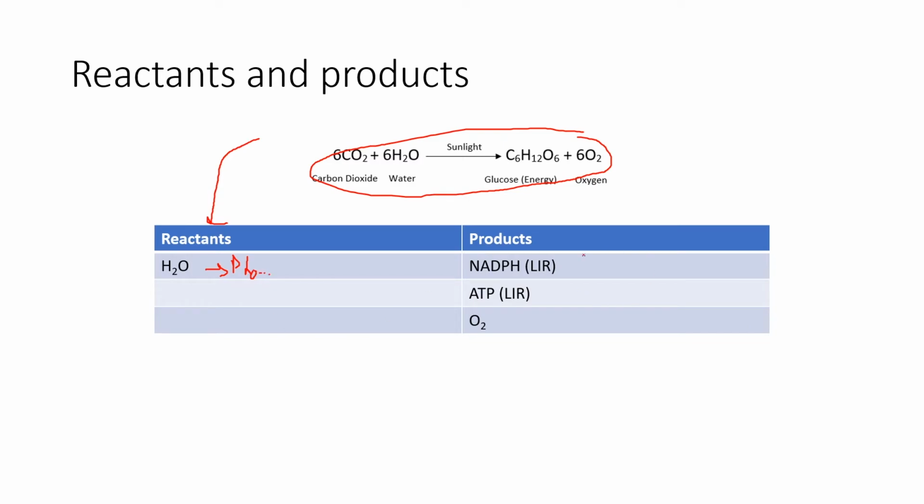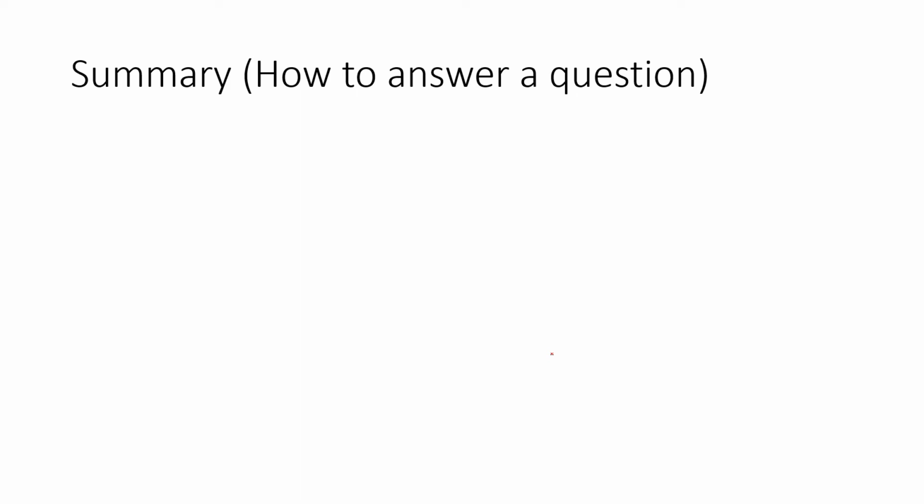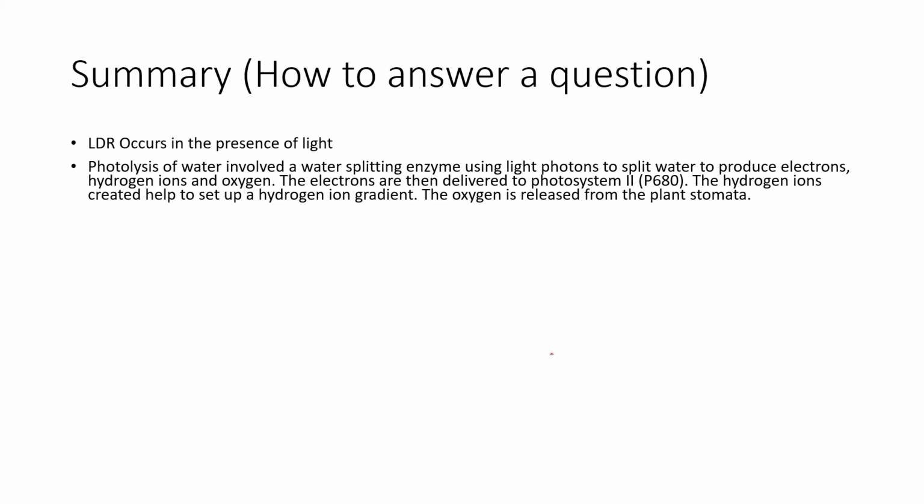And the products we produced are NADPH and ATP, both of which will end up going on to the light-independent reaction, which is a reaction that occurs in the absence of light, as well as oxygen. The oxygen can either be used in respiration, or it is most likely released from the stomata of the plant. To summarize, the light-dependent reaction occurs in the presence of light.